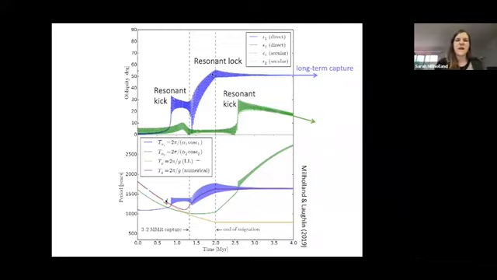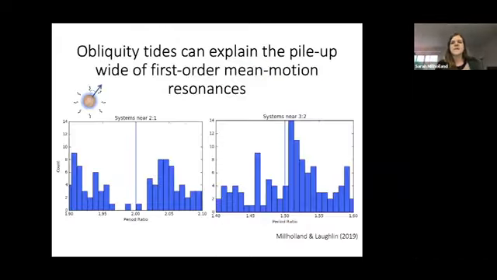So this planet ends up on this 50-degree axial tilt that it will maintain indefinitely because it's locked into this resonance. And so it can be dissipating with this high obliquity for an indefinite time period. That example simulation is just demonstrating what we expect to be happening for at least some subset of these systems near these mean motion resonance pileups, to create the degree of pileups that we see.